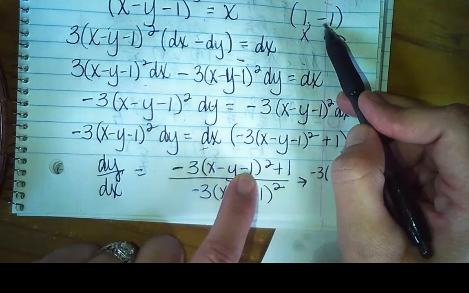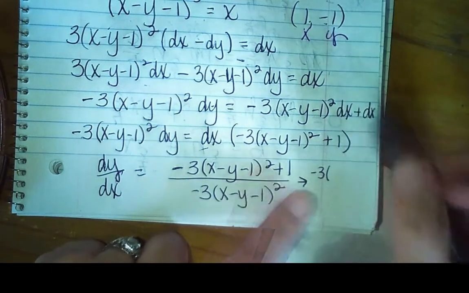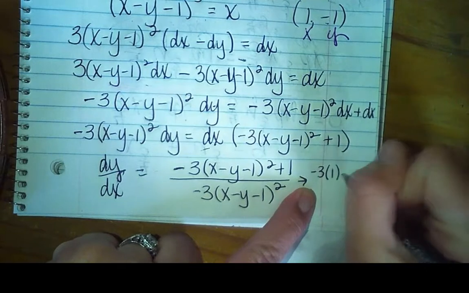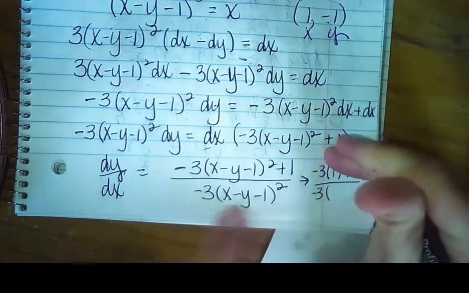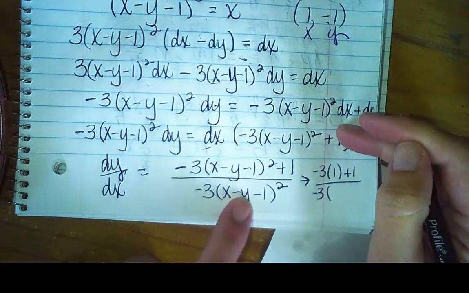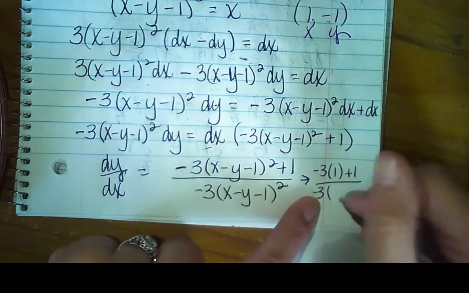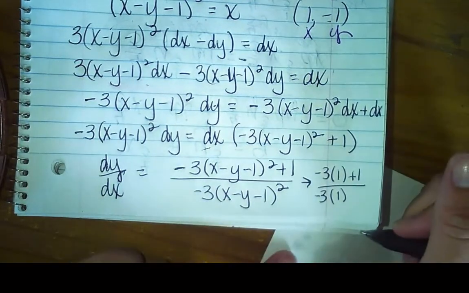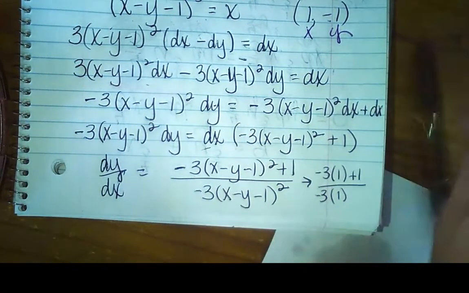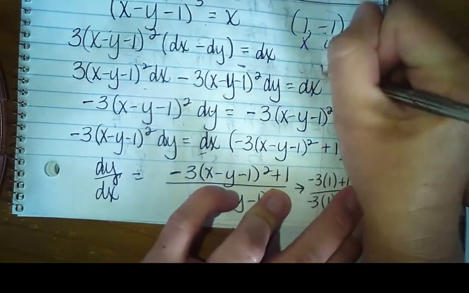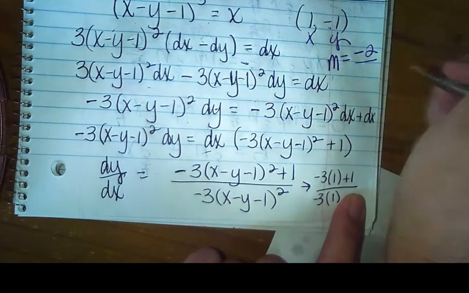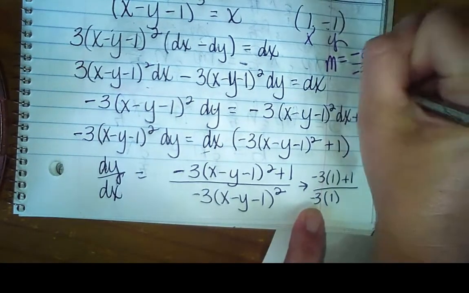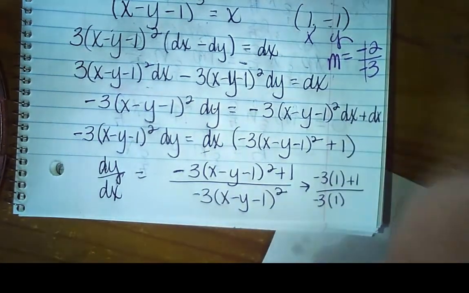Minus 1 is 1 squared. So I've got 1 plus 1 over a -3 times 1 minus -1 is 2, minus 1 is 1, squared is 1. So I end up with a slope of -3 plus 1 is -2 over a -3, which gives me a 2/3.